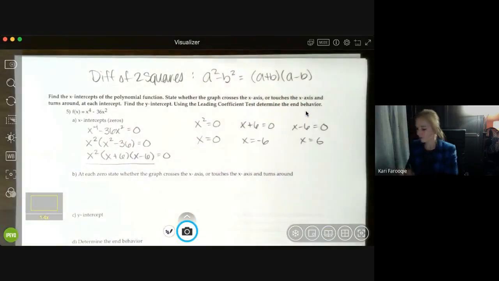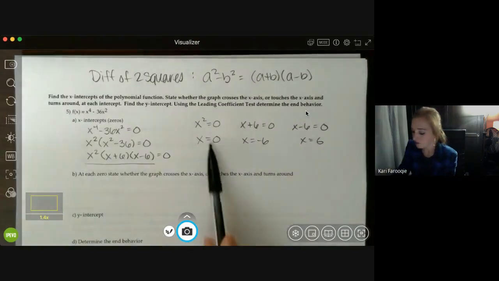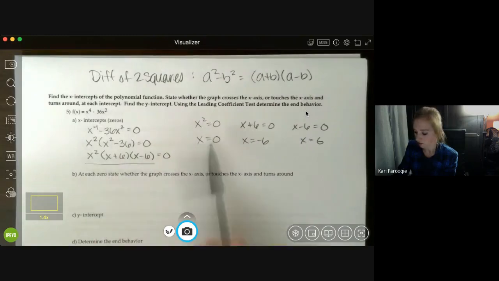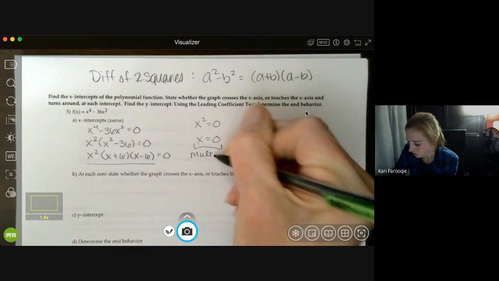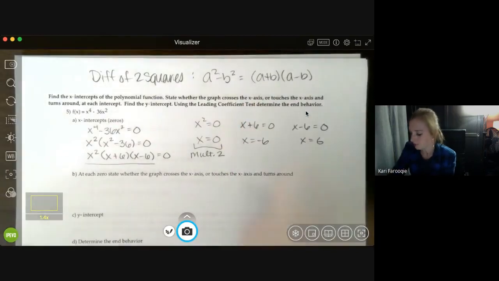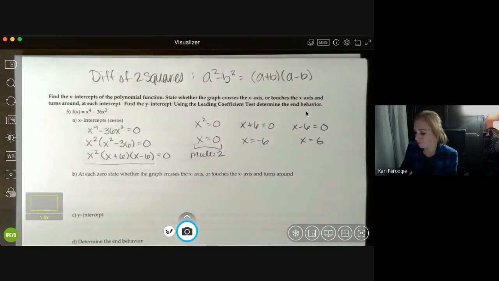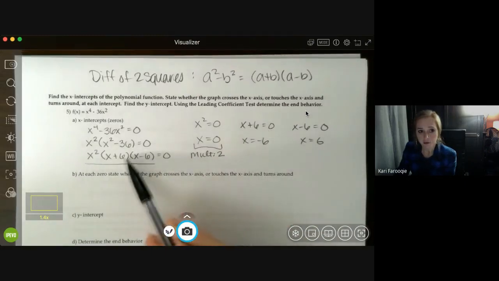Love it. Okay. Now, x equals 0 came from this factor, x squared equals 0. So here we have a multiplicity, and you can go ahead and abbreviate that, of 2. If you write mult on your exam, I will know what you're talking about. You have a factor of x plus 6 right here.